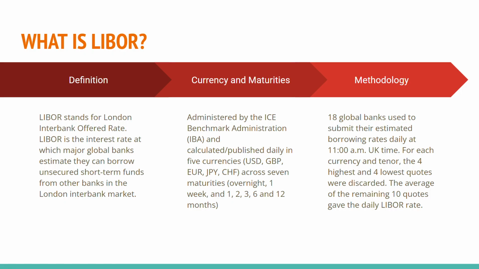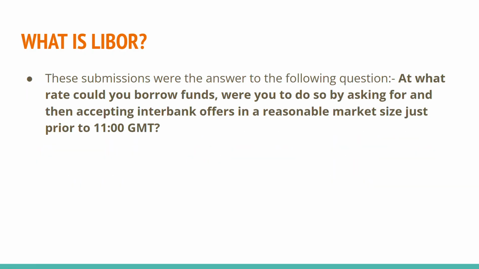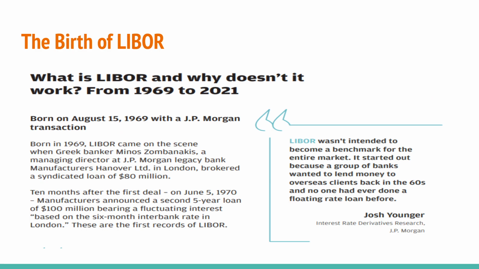Before we discuss what LIBOR is, I will be attaching a screenshot about the birth of LIBOR. If you read this slide, you will understand that LIBOR wasn't intended to become a benchmark for the entire market. This is from Josh Younger, interest rate derivatives researcher at JP Morgan.